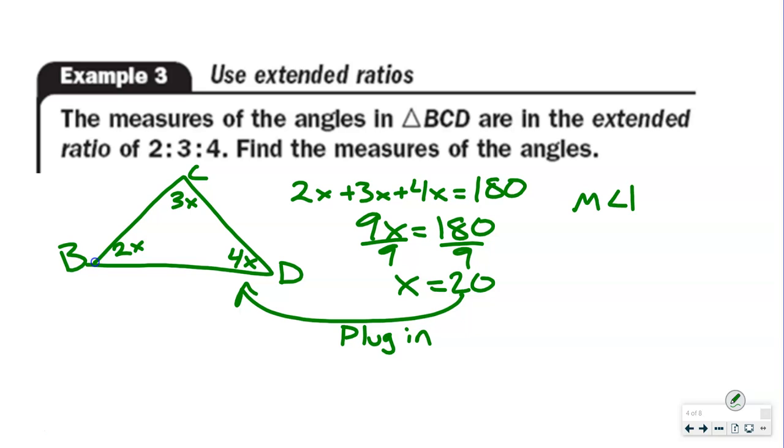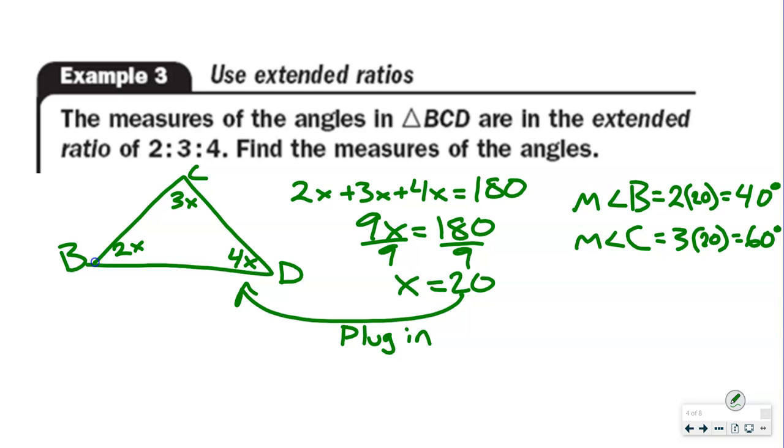So the measure of angle B is 2 times 20, which is 40 degrees. Measure of angle C is 3 times 20, which will give us 60 degrees.